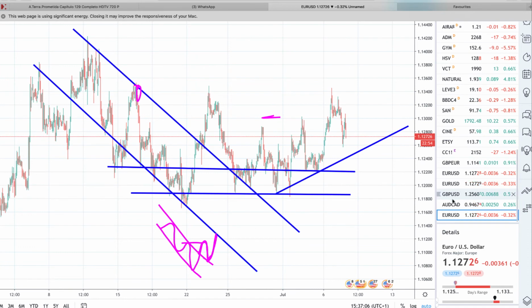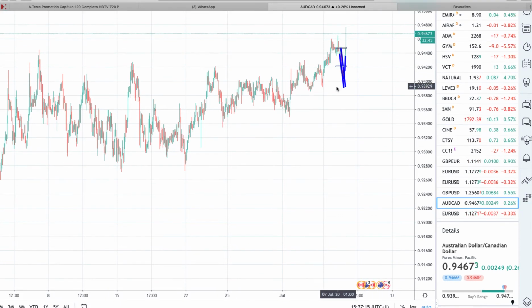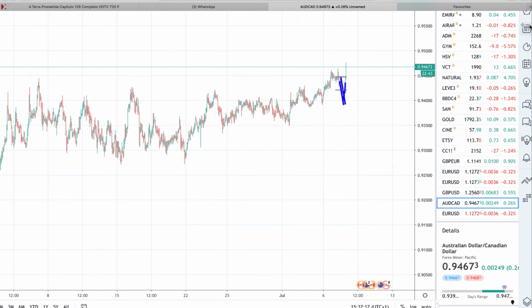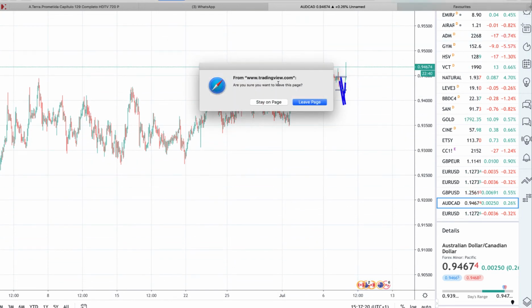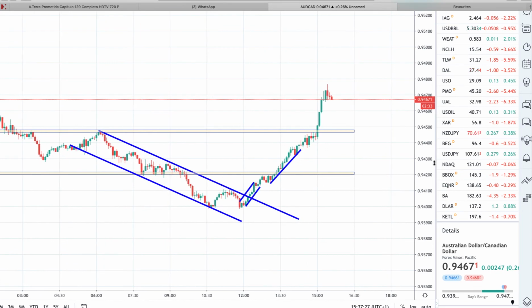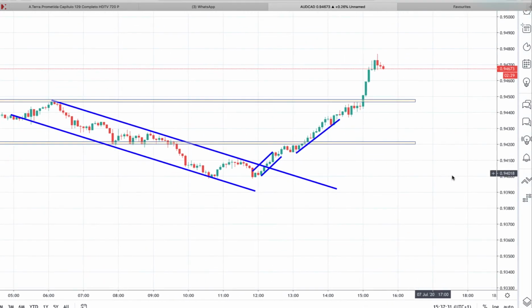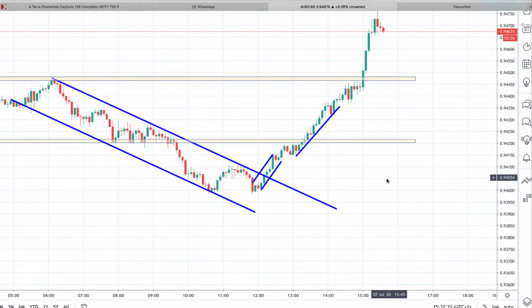So when you look for a pattern like that, look at this.